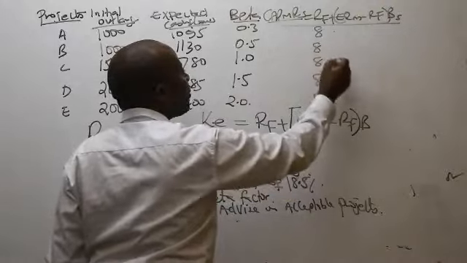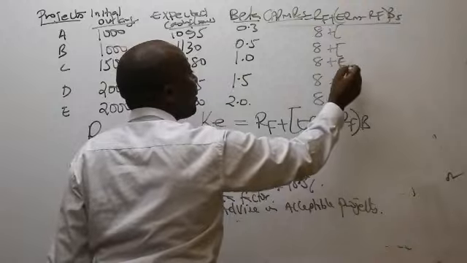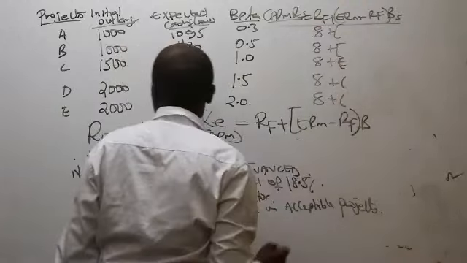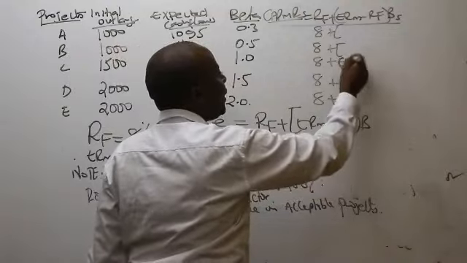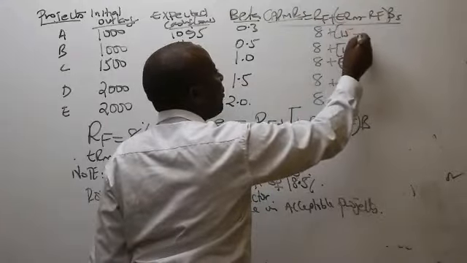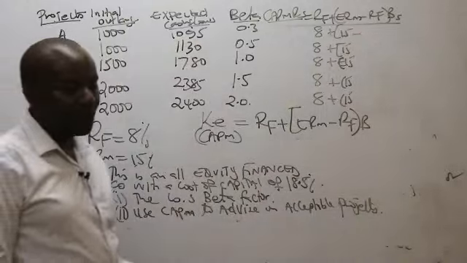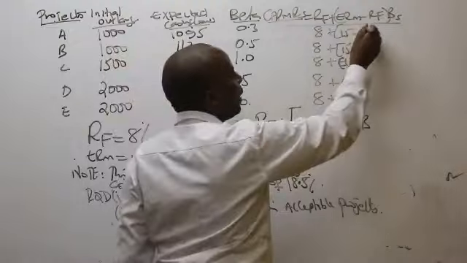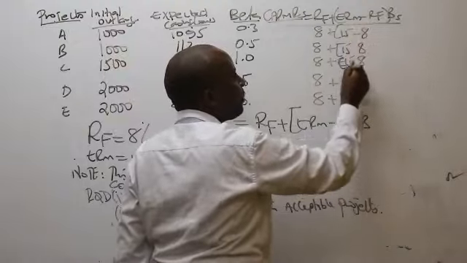plus ERM. And the ERM, you gave me figures of 15, minus the risk-free. Risk-free, of course, will remain the same. Risk-free is 8. So we have 8, and I know I'm subtracting.